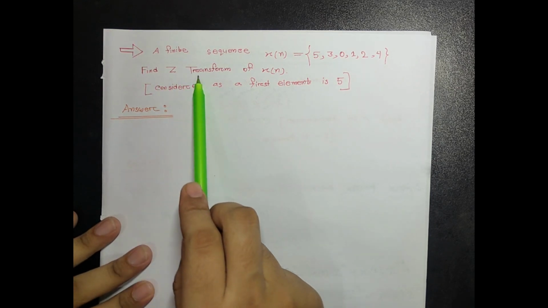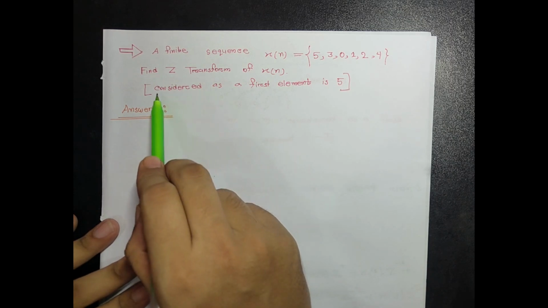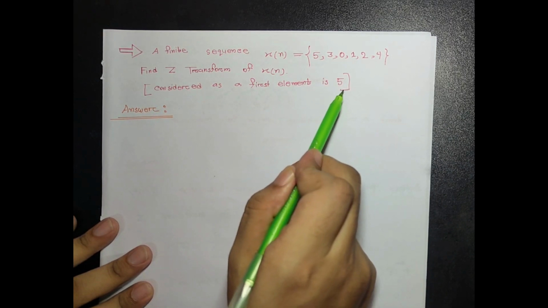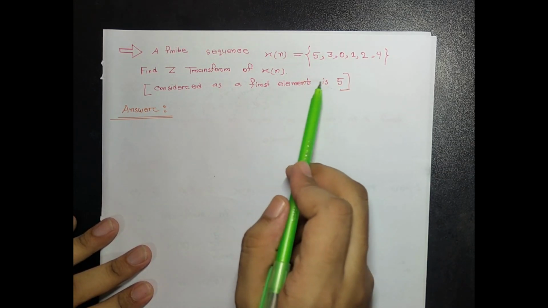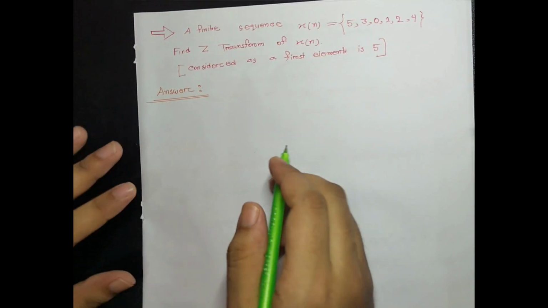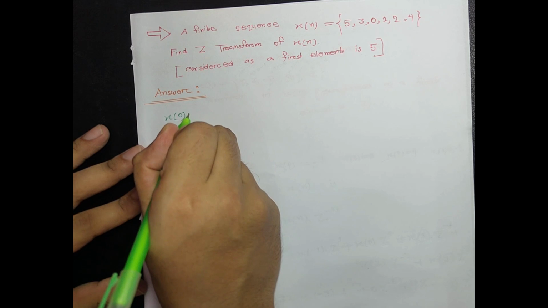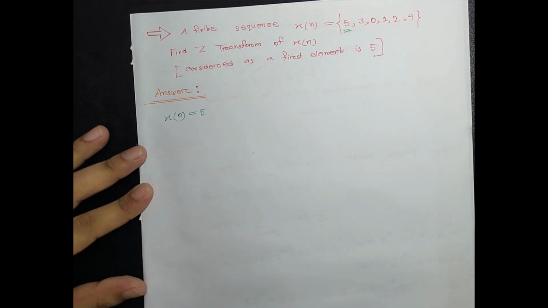Find Z transform of x of n. Here we consider the first element as 5. As the first element is 5, that means x of 0 equal to 5.